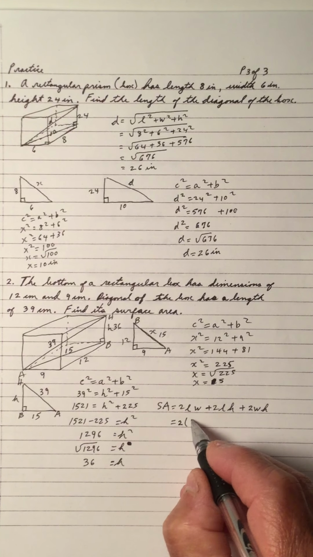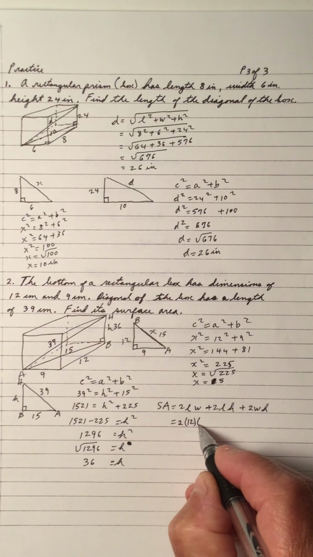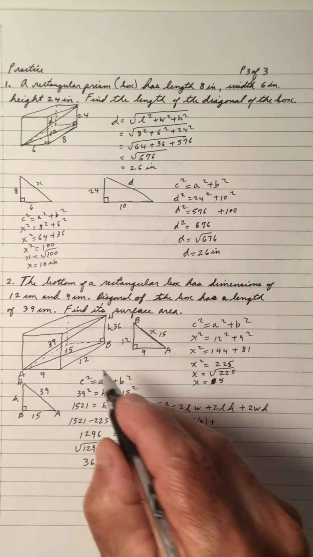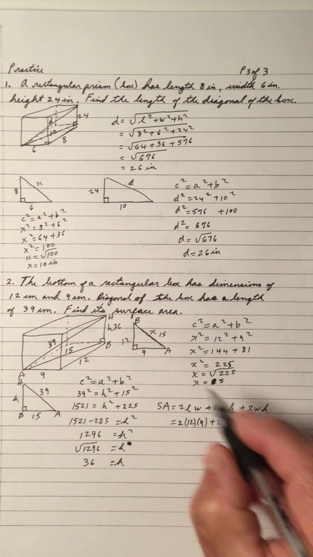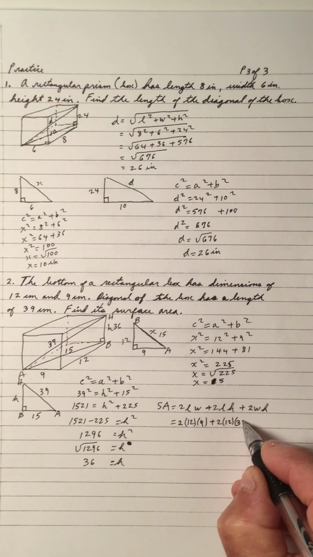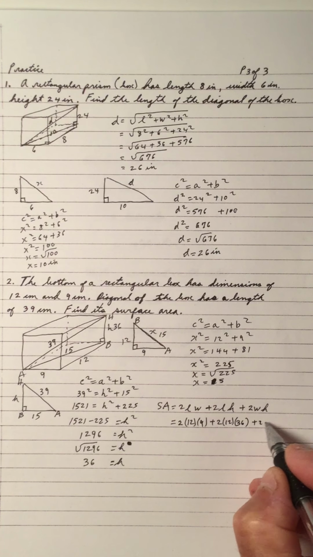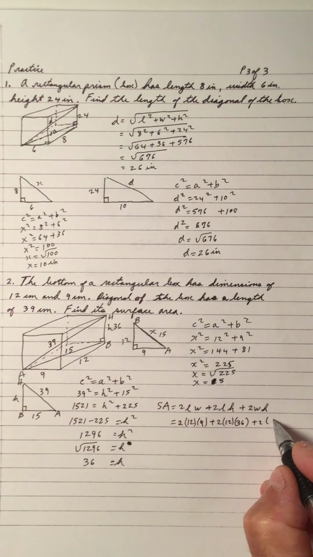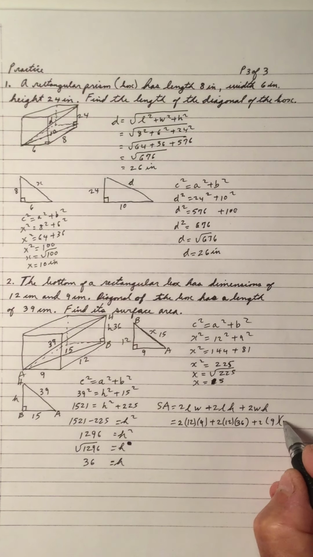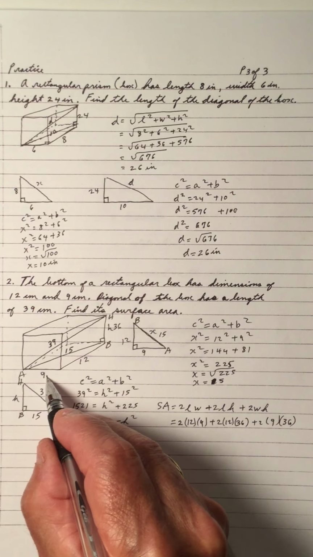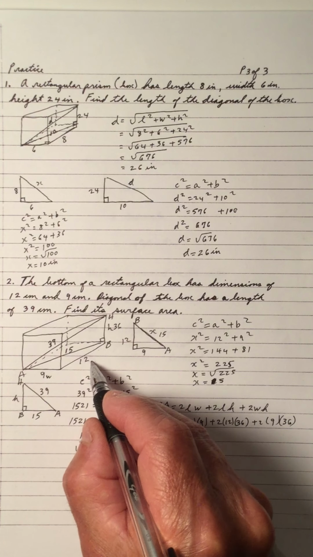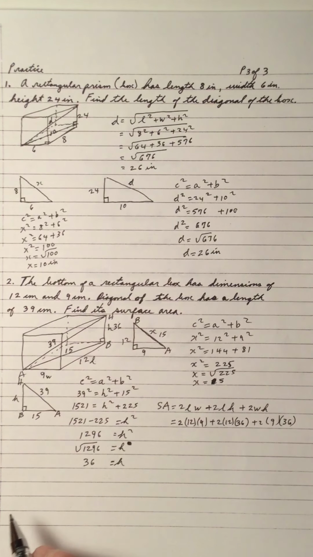2, the length is 12, the width is 9. The length is 12, the height is 36. The width is 9, and the height is 36. So that's the width, and that's the length, and that's the height.